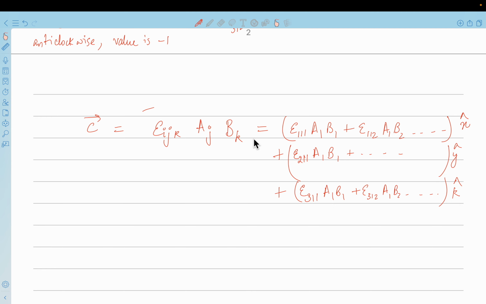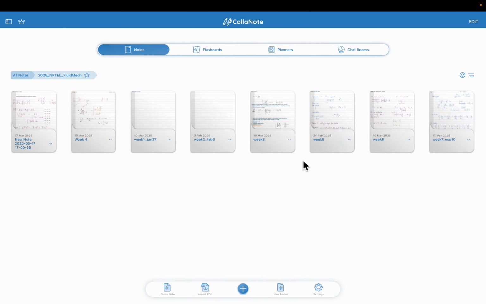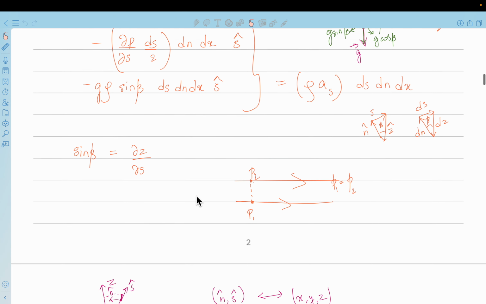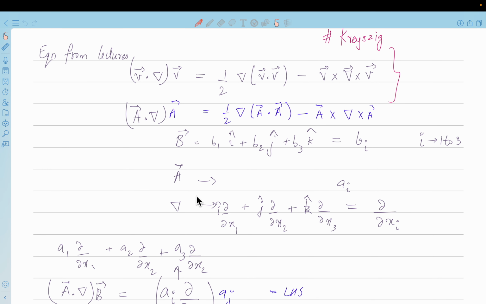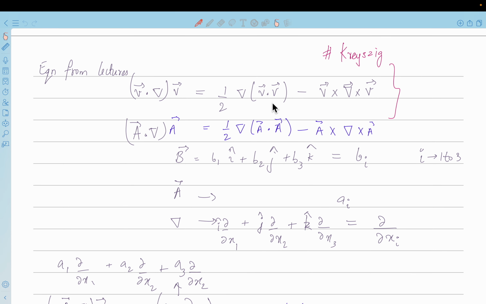Okay, so we can quickly go back to week 7's lecture, and let me show you the derivation that we were discussing the other day. So this is the equation that you asked me to prove. Now what I had done was I wrote this in the Einstein notation.